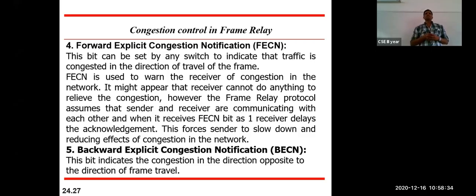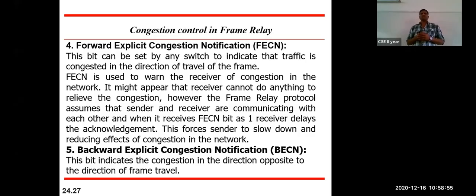Okay. FECN is used to warn the receiver. That's why it goes forward. It is used to warn the receiver of congestion in the network. It might appear that a receiver cannot do anything to relieve the congestion. However, the frame relay protocol assumes that sender and receiver are communicating with each other.